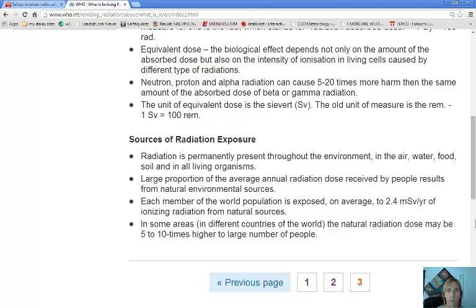Let me say that one again. Neutron, proton, and alpha radiation can cause 5 to 20 times more harm than the same amount of the absorbed dose of beta or gamma radiation. The unit of equivalent dose is the sievert. The old unit of measure is the rem. 1 sievert equals 100 rem.